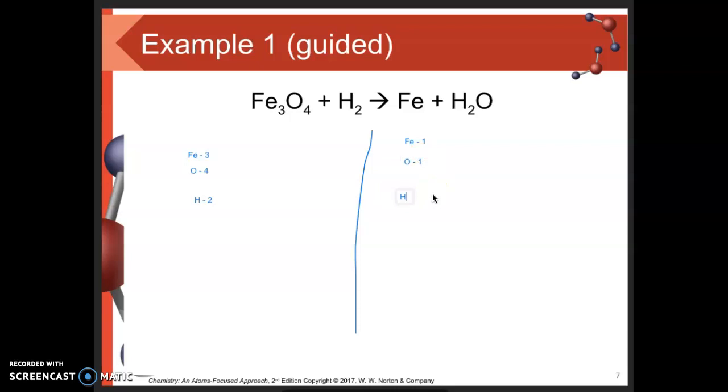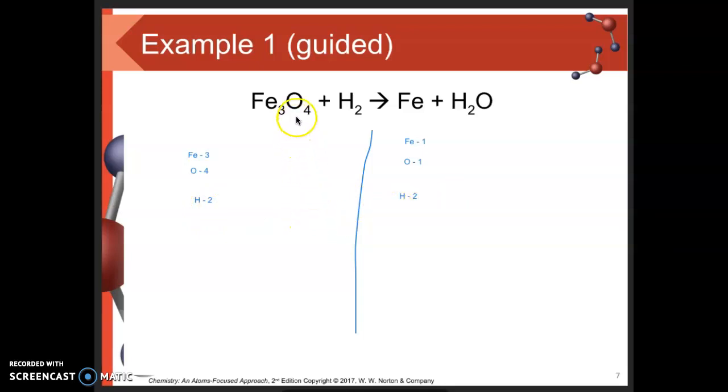And I've got 2 hydrogen. So if I look at it from this perspective, one of the reasons I want to keep it like this, I want to keep everything aligned. So I'm going to look across and see, okay, irons are not balanced, oxygens are not balanced, hydrogens are for the moment, but let's see where this takes us.